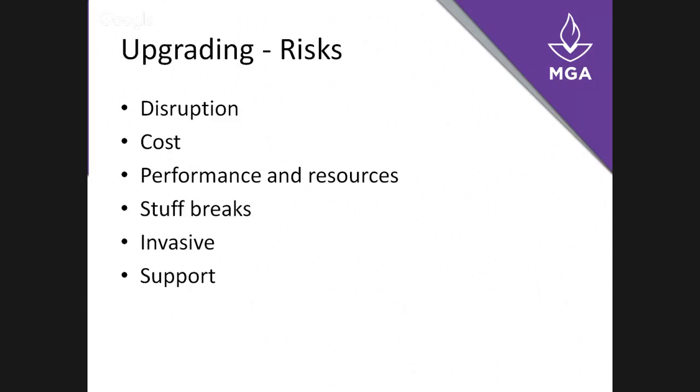And odds are you need to test to make sure you know what's going to break. When you're moving stuff between operating systems, new software, stuff is going to just break on you, and you're going to have to investigate why.